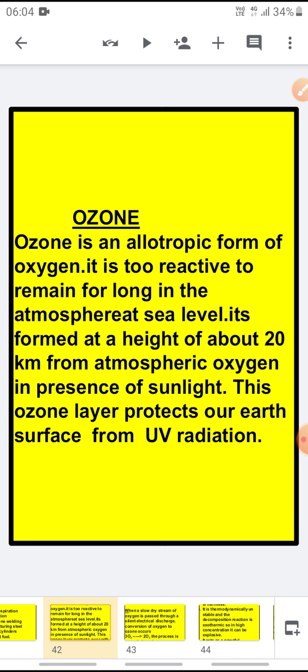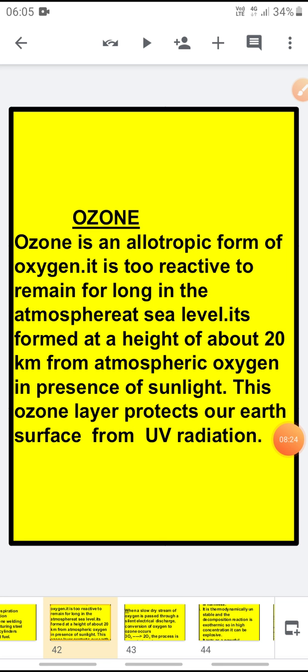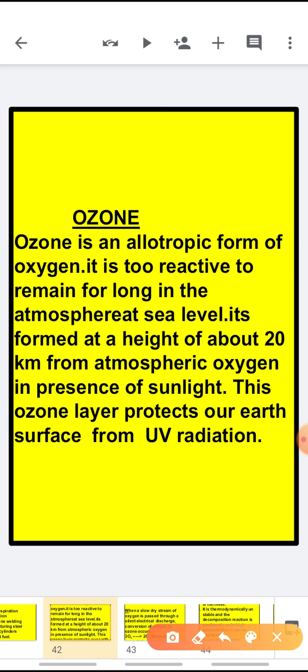Now, coming to the second important compound of oxygen, that is ozone. The molecular formula for ozone is O3, that is 3 atoms of oxygen are combined together. It is one of the allotropic forms of oxygen that exists in the environment, but it is too reactive to remain for long time in the atmosphere at sea level.